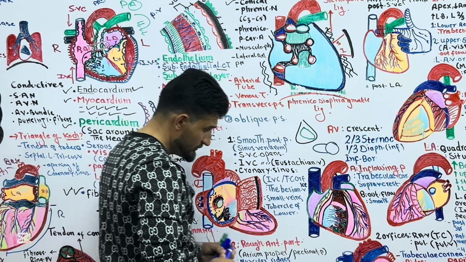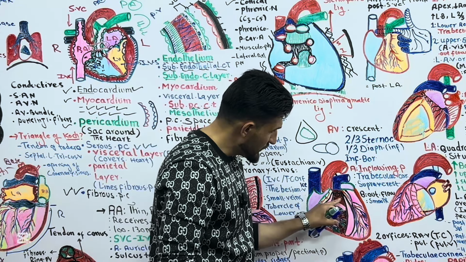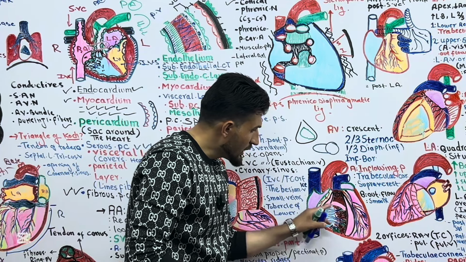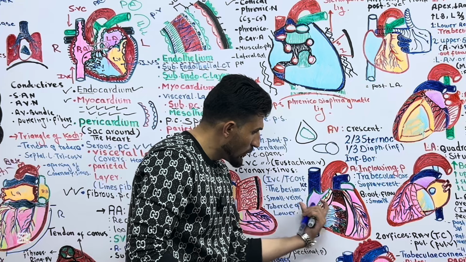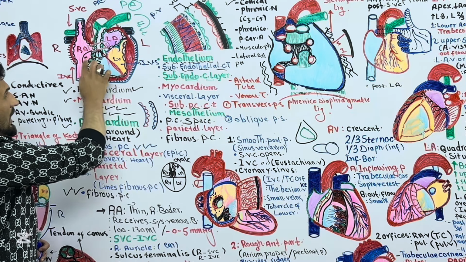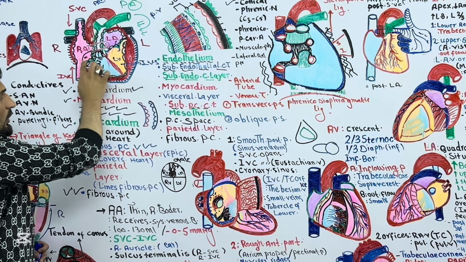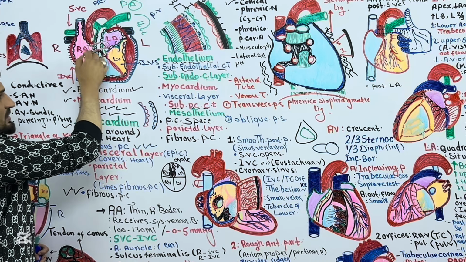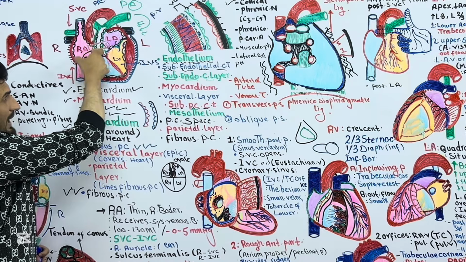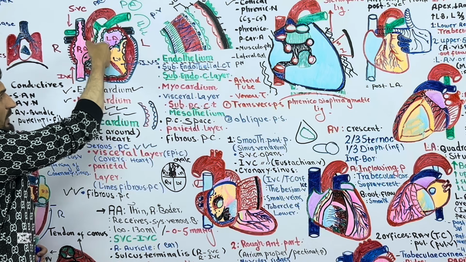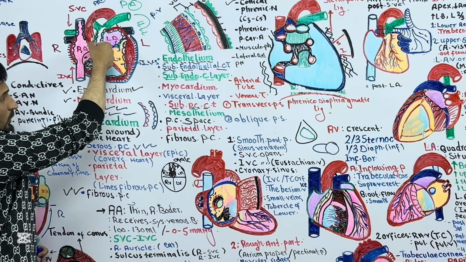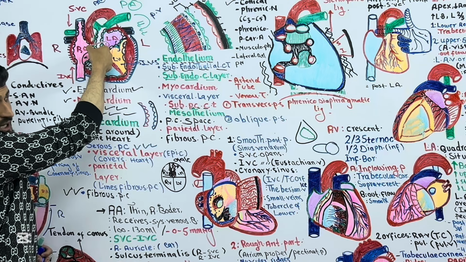The outflowing part is smooth, while the inflowing part is rough. The inflowing part has an orifice called the tricuspid orifice, or atrioventricular orifice, which is guarded by the tricuspid valve. The outflowing part has an orifice guarded by the pulmonary valve.